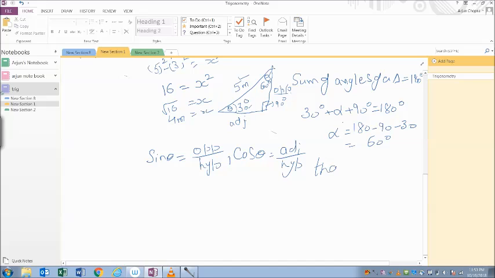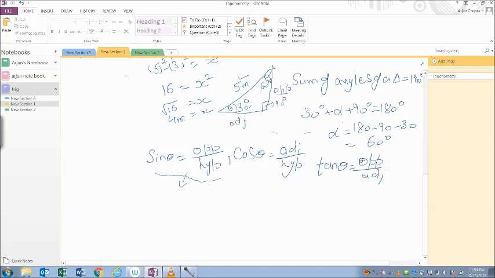And the third one is tangent theta, which is equal to opposite upon adjacent.